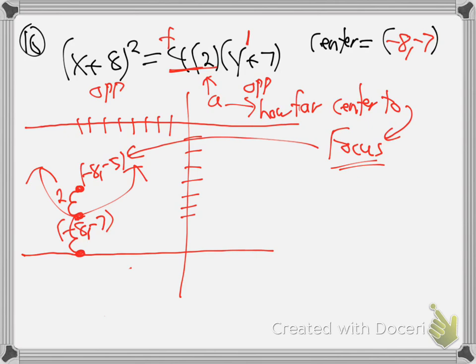So if the focus is 2 up, then the directrix line is 2 down. Well, how do you find out exactly where that is? Well, now you subtract 2 from the y coordinate. We're moving up, down. So that'd be what? Minus 9. So that's y. It hits the y-axis at minus 9, right? This is the y-axis. It's y equals minus 9. And we're done.